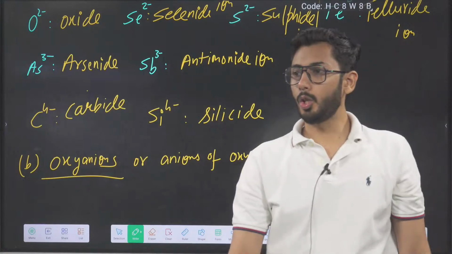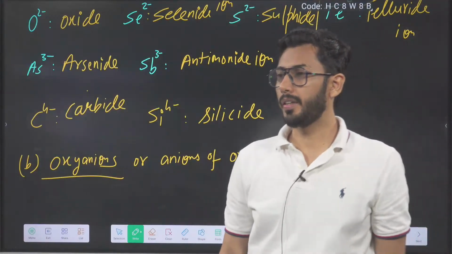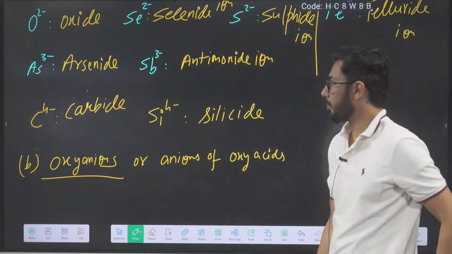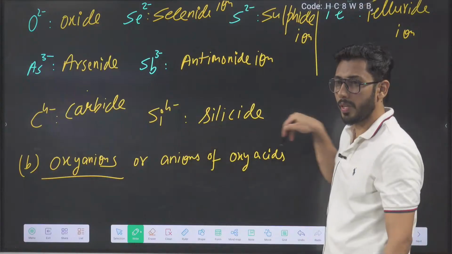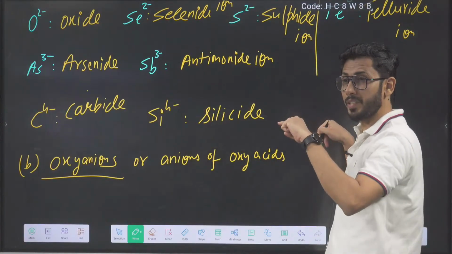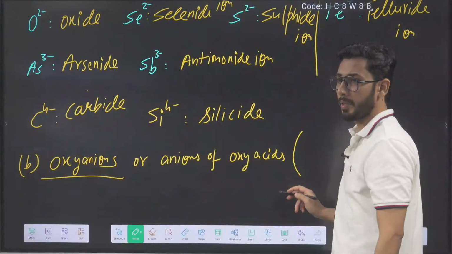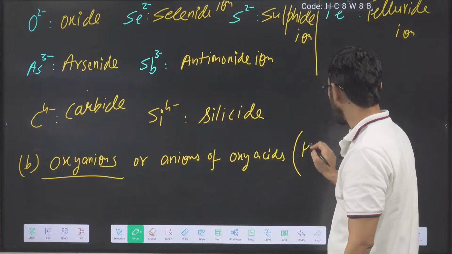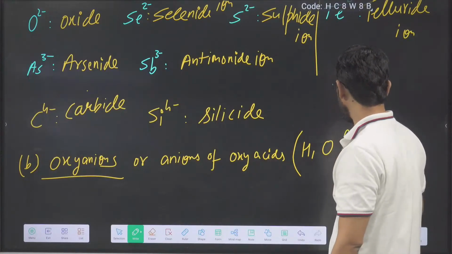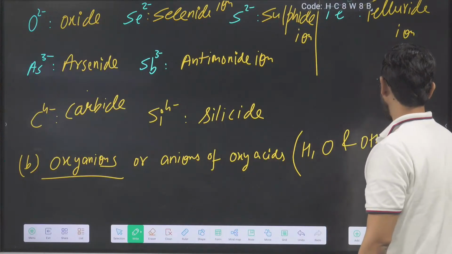Second part we will talk about. Yes Srinidhi, correct, it is nitride, iodide, bromide. Next one, oxoanions or oxyanions, anions of which acids? Oxyacids. Oxyacid means which contains hydrogen, oxygen and another element.